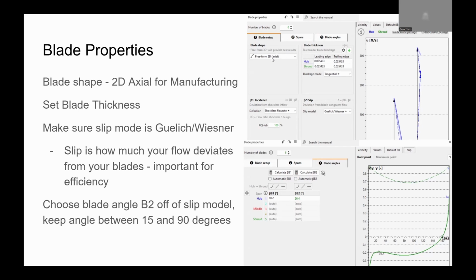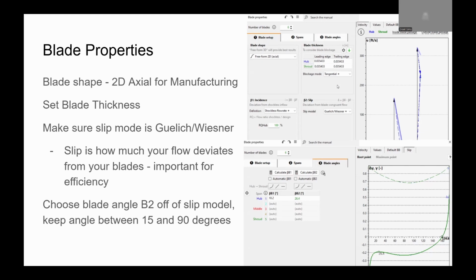So we set it to 2D, so it's only looking at the XY plane. It's not having the blades bend and twist as they go outward. So that's why we set that. Leading and trailing edge thickness is usually left default, but I'm going to try to do some FEA to figure out what our thicknesses should be and make sure they all line up with what we have here.